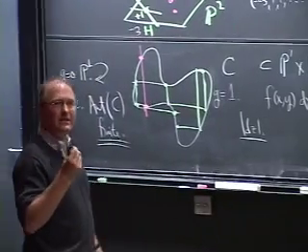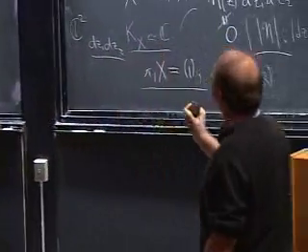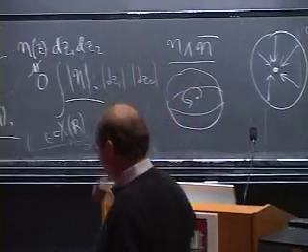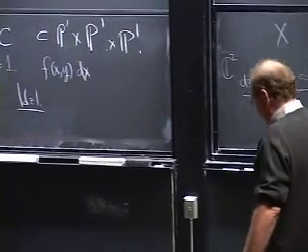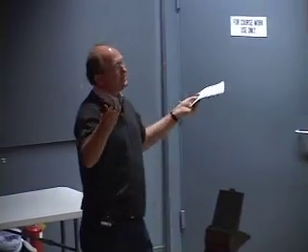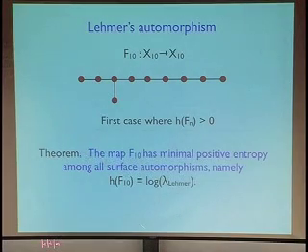OK, now because of Nagata's theorem, every automorphism of a rational surface is built roughly in this way. It comes from an element of the Weil group, or the Coxeter group, corresponding to some diagram. And we've seen that Lehmer's number is, so to speak, the smallest integer that arises in that way. And consequently, we have the following theorem.